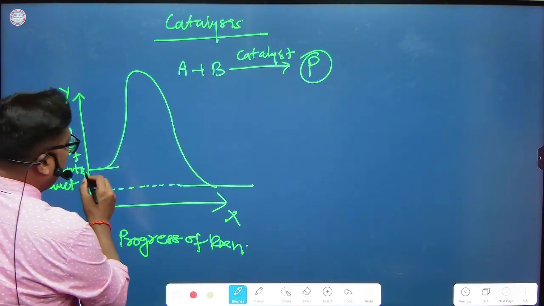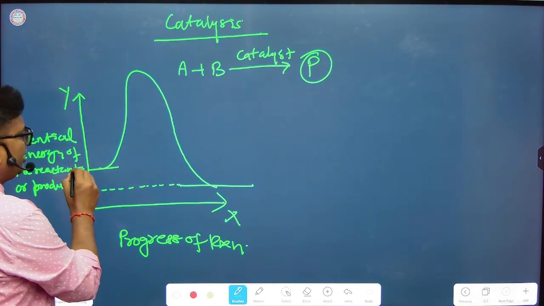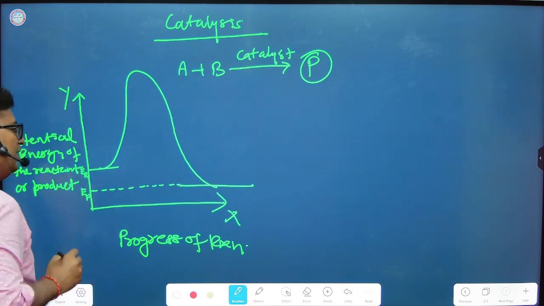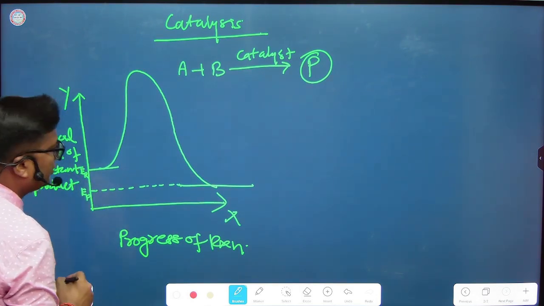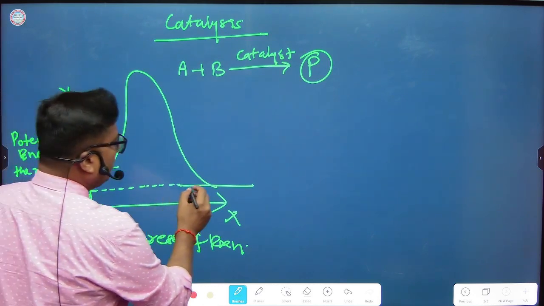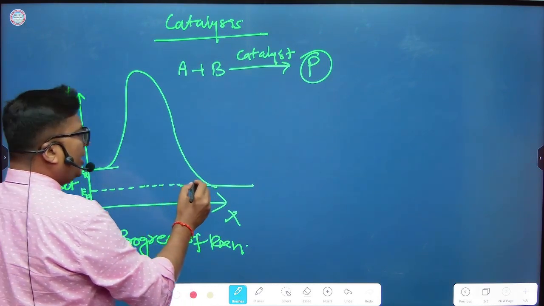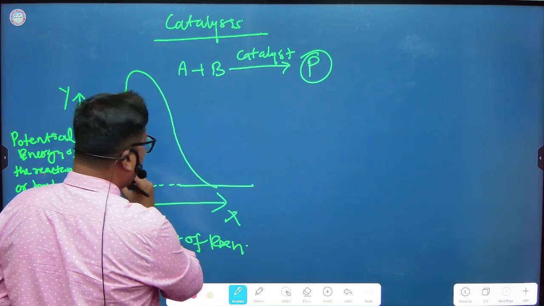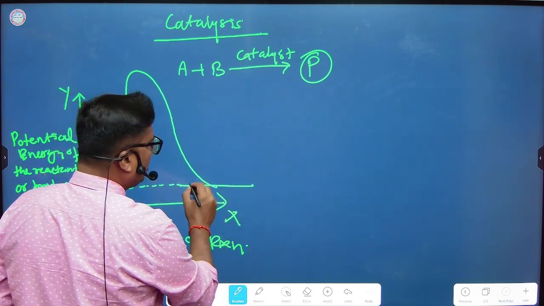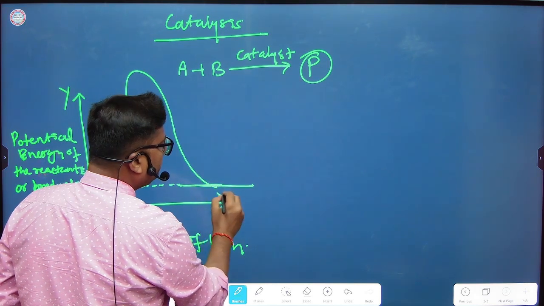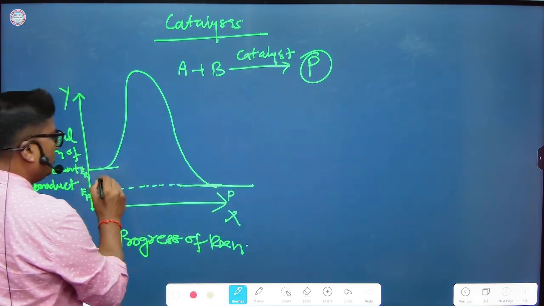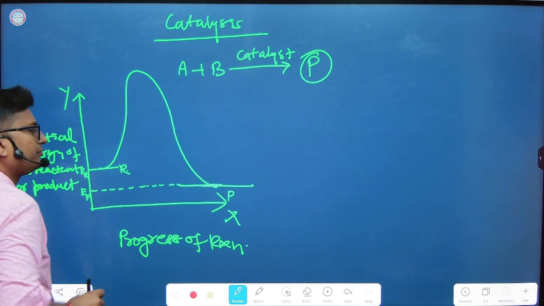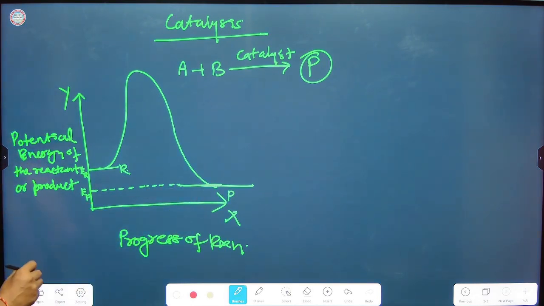Once the reactant molecules are present at this particular level, the products obtained during the conversion of reactants are at this energy level of the product. Now this is reactants and this is products.